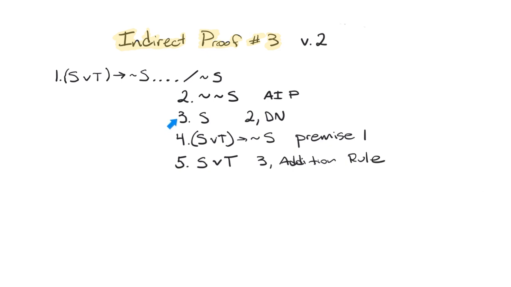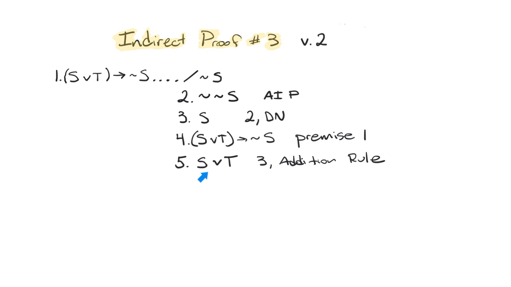Because line 3 shows that S is true based on our assumption, we can add anything to it, because all we need for a whole disjunction to be true is one disjunct to be true, which is S from line 3.